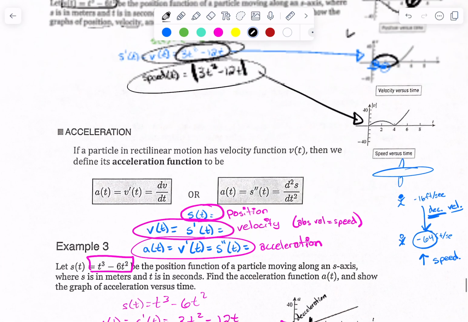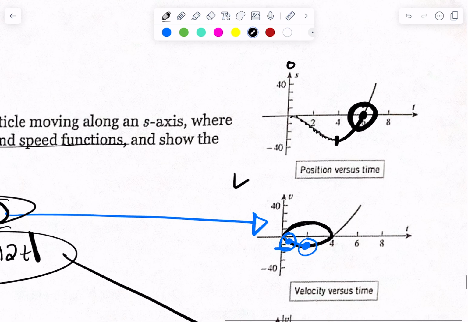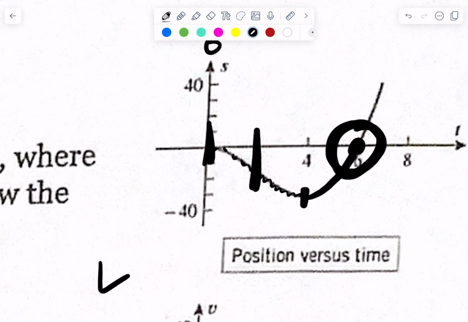Okay. Let's see if that's consistent with my thing up here. Am I slowing down from here to here? Yeah. Am I slowing down from there to there? Oh gosh, no. I don't know. You're going this way. How the heck are you slowing down when you're going down a hill? You do not slow down when you go down a hill. You're going negative, but it's below the x-axis.